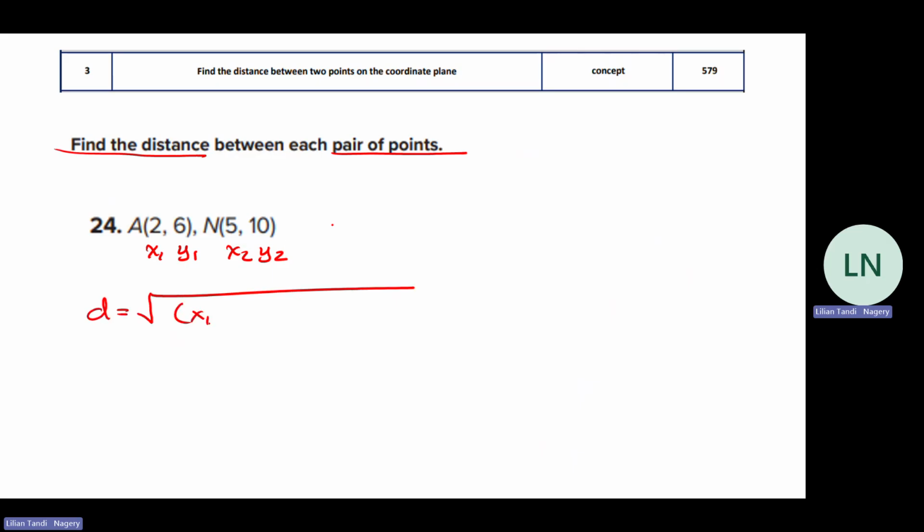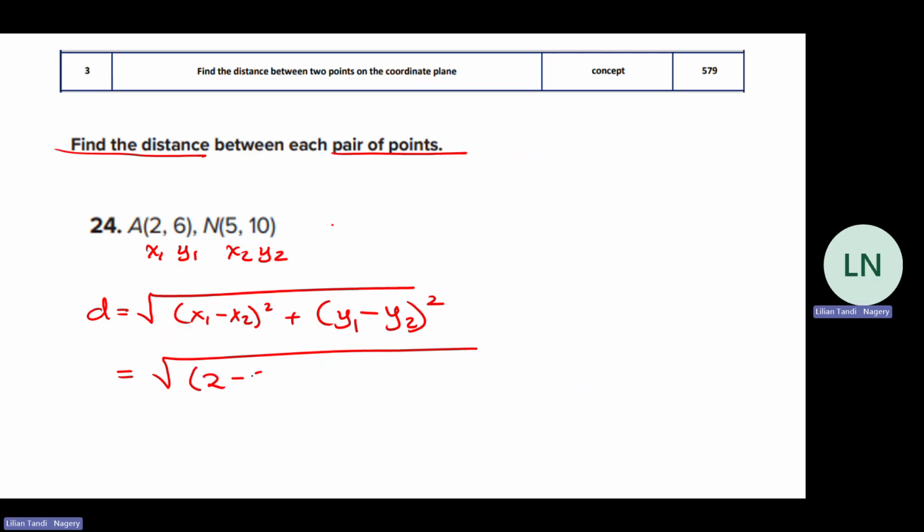You write your formula, x1 minus x2 squared plus y1 minus y2 squared. You continue. This becomes 2 minus 5 squared plus 6 minus 10 squared.